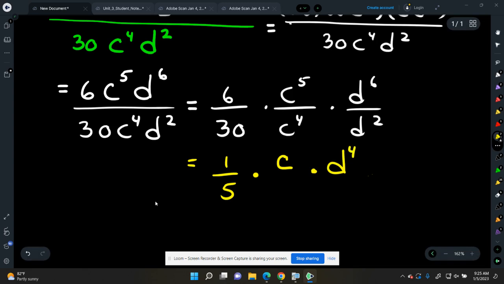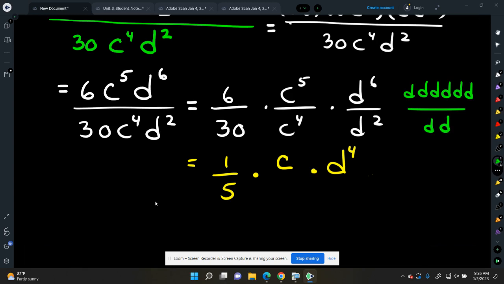And again, think about it like this. I've got 6 d's on top, 2 d's on the bottom. The d's cancel, leaving me with 4 on top.